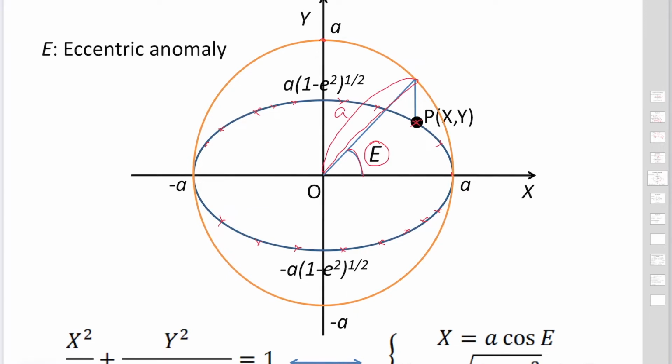Actually, this ellipse is described as a circle compressed along the y-axis by a factor of the square root, this one.